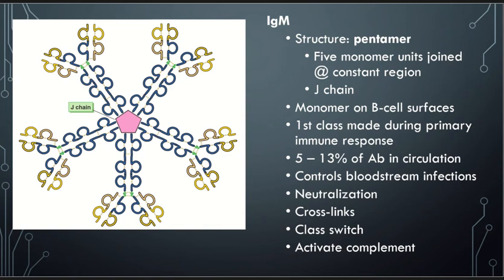But because it can cross-link, that also means potential for clogging. It's a major component of rheumatoid factors, which are basically autoantibodies, antibodies that react to our own antigens.